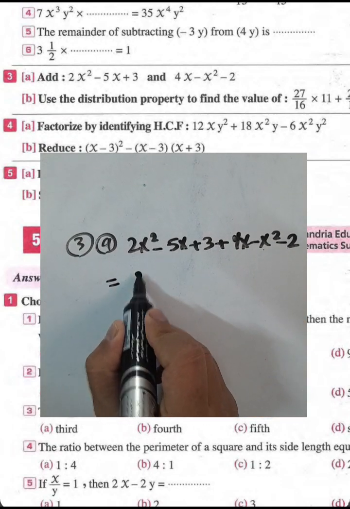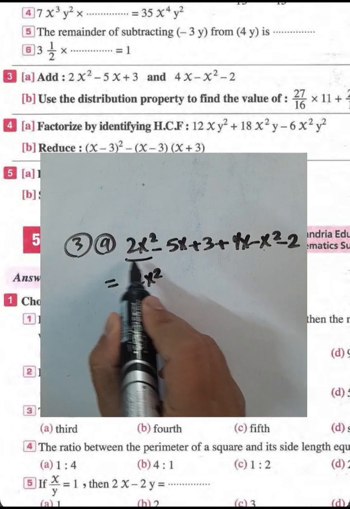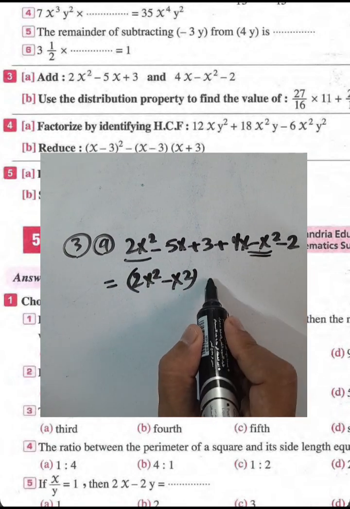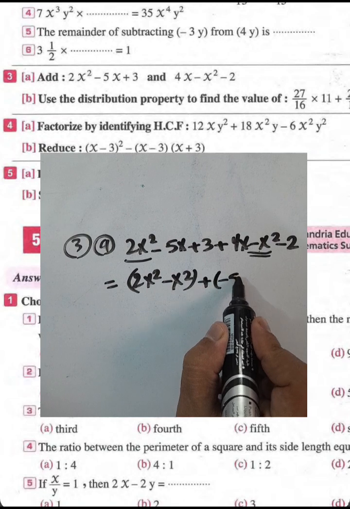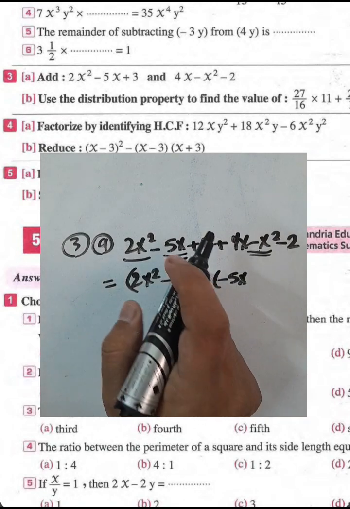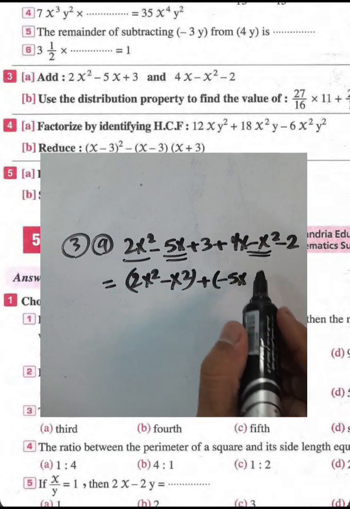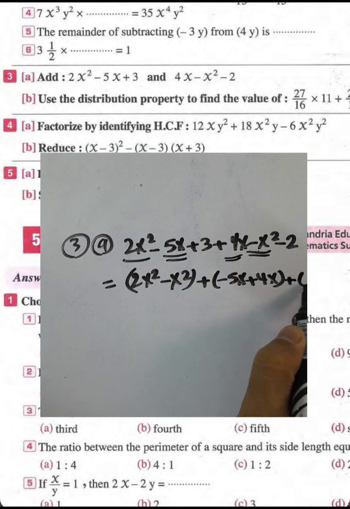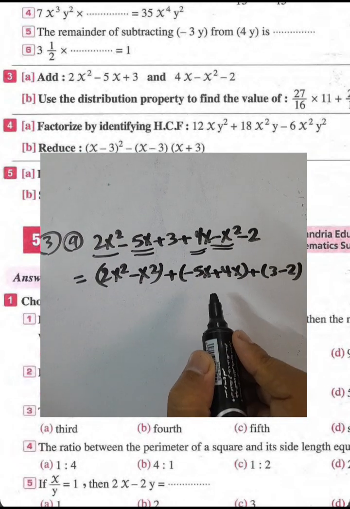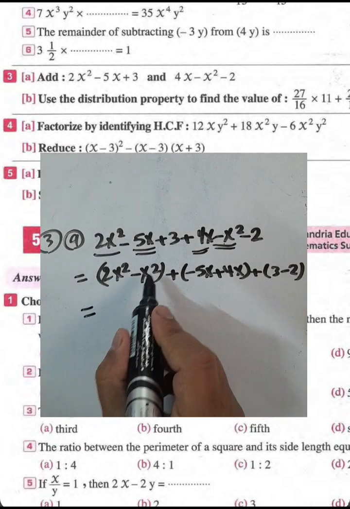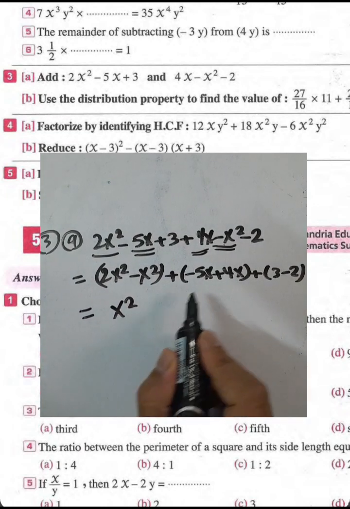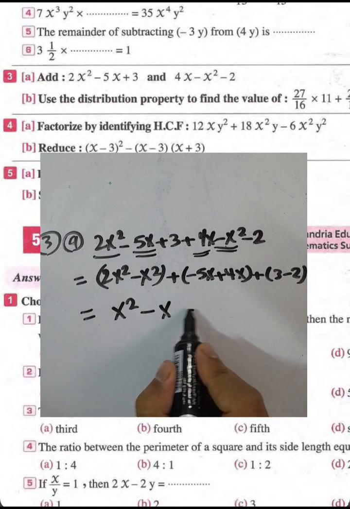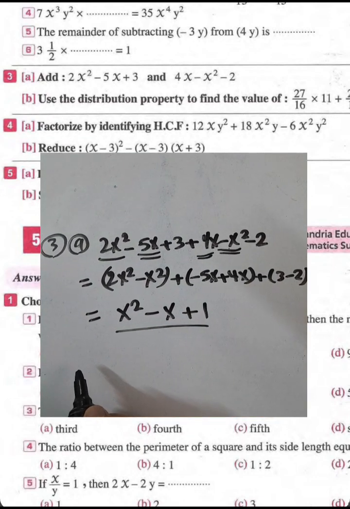We can add 2x power 2 with negative x power 2, and negative 5x with positive 4x, and 3 with negative 2. 2x power 2 minus x power 2 will be x power 2. Negative 5x plus 4x will be negative x. And 3 minus 2 will be 1. Then the result will be x power 2 minus x plus 1.